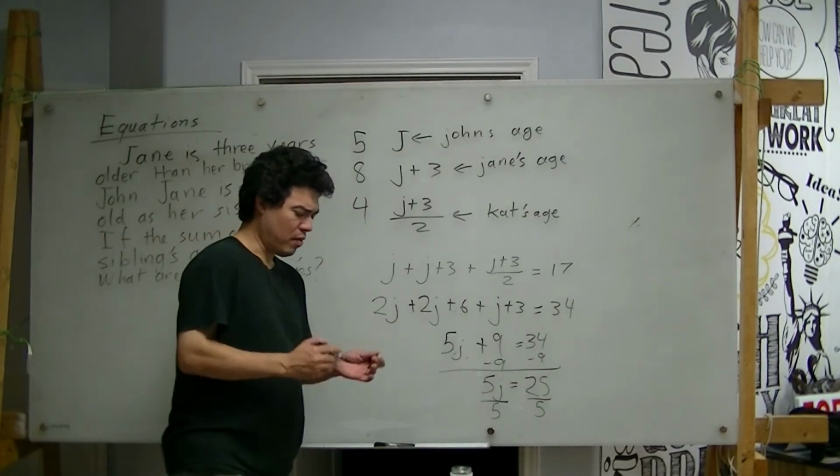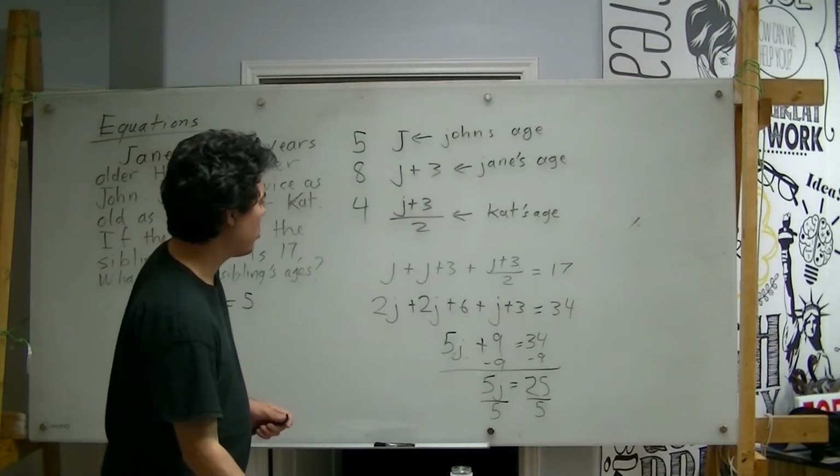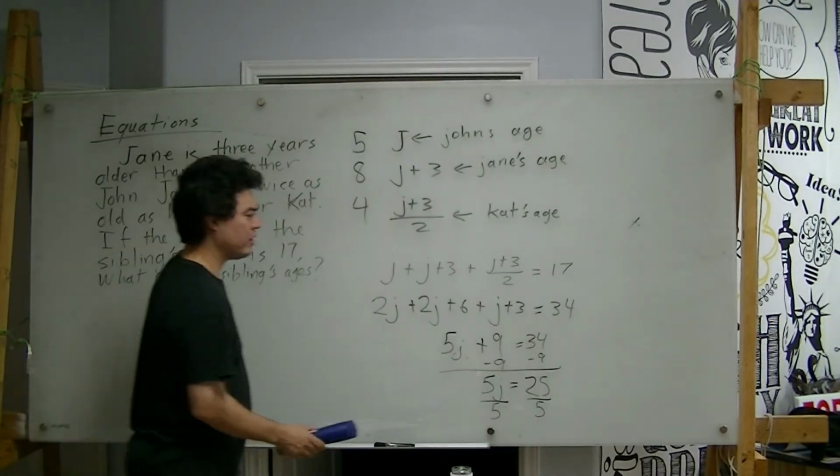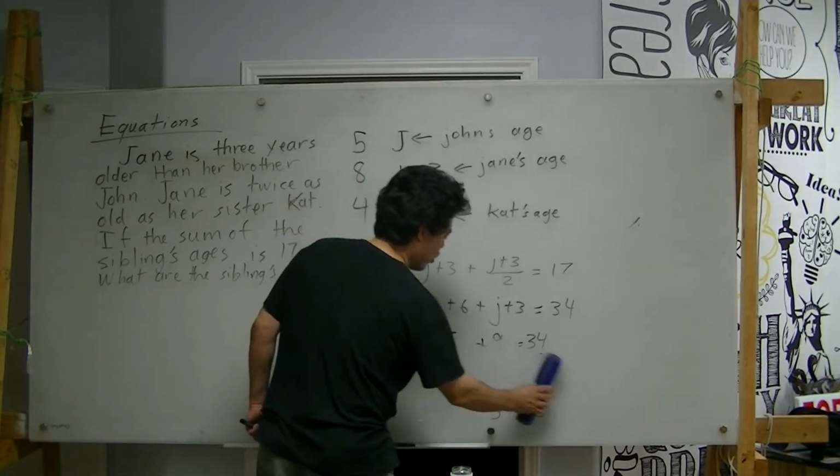While I'm at this problem, I want to show you that we could have done it in a different way if we had picked a different sibling to start as our variable.